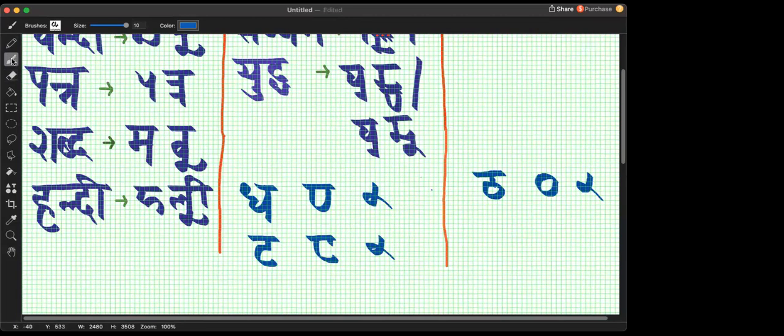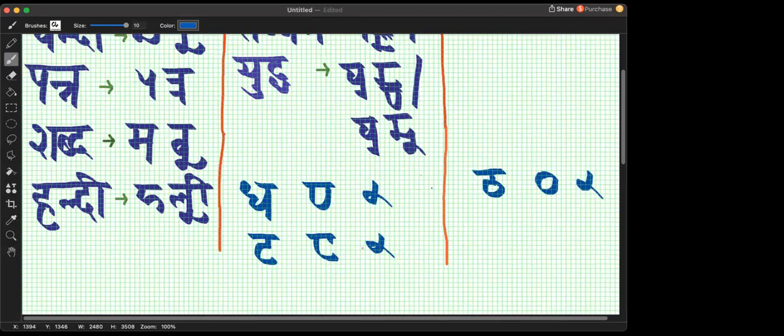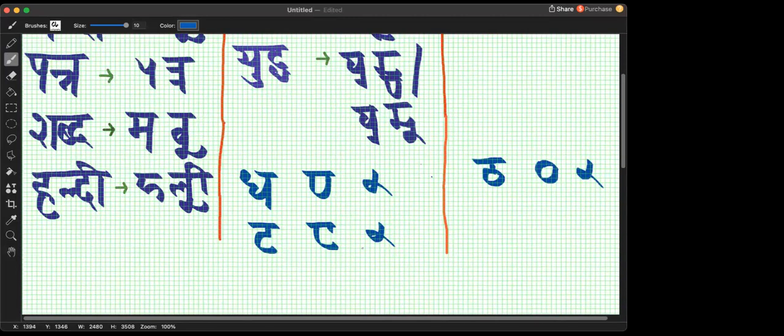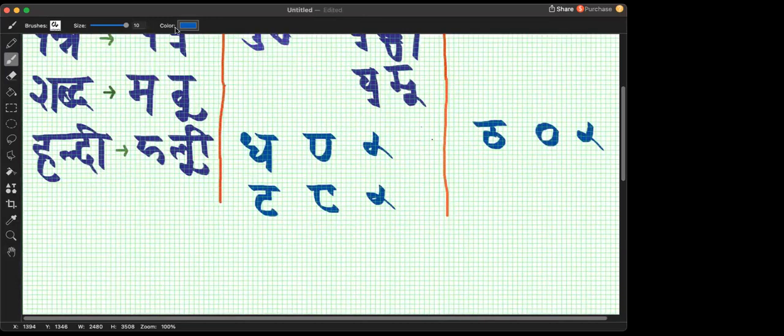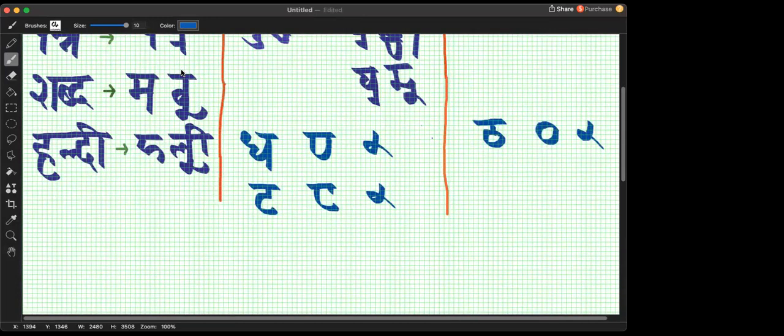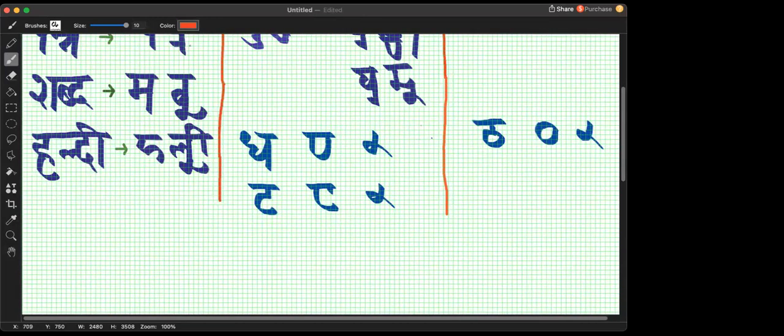See, if you're writing a word called kashtha, okay, I will write it here. If you're writing kashtha, ka, acha, so this will have another, okay, not this.